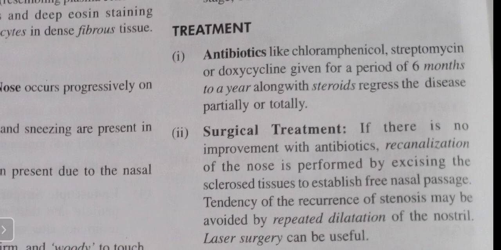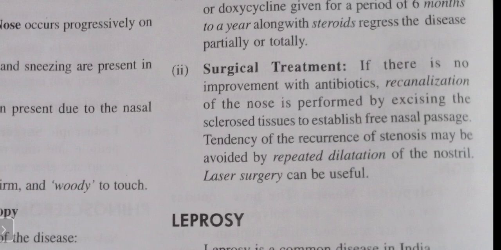Then surgical treatment is if there is no improvement with antibiotics and steroids, then recanalization of the nose is performed by excision of the sclerosed tissue to establish a free nasal passage. So you have to excise that hardened, dense fibrous tissue and recanalize the nose.